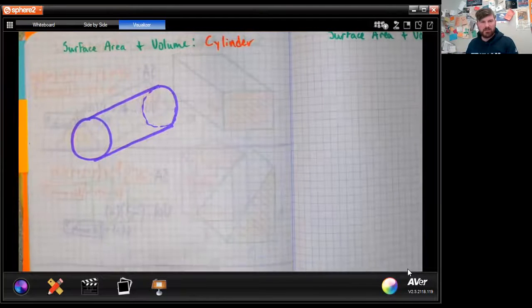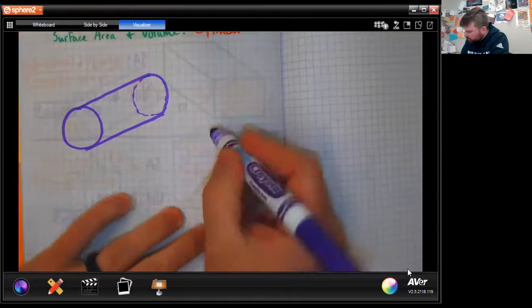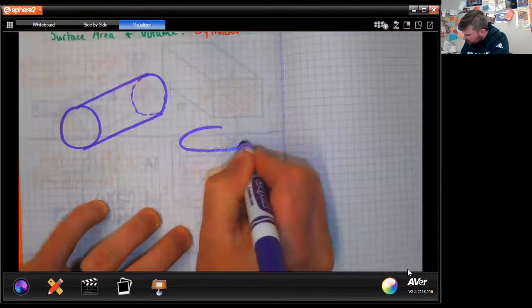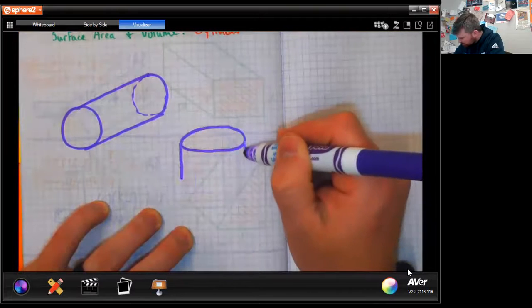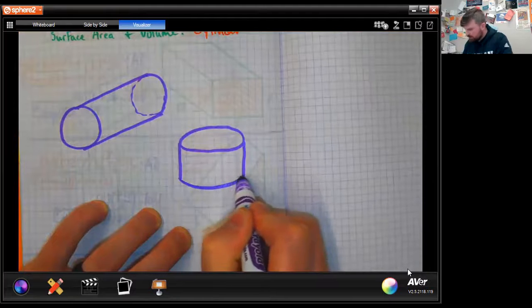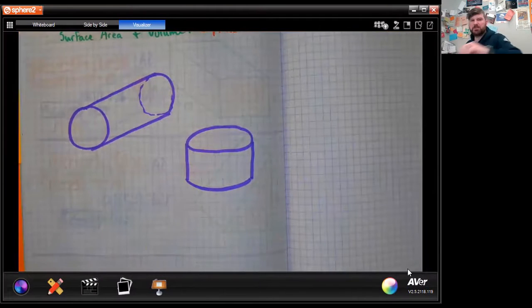Okay, so you could have a cylinder like that, or more commonly, we draw a cylinder like so.